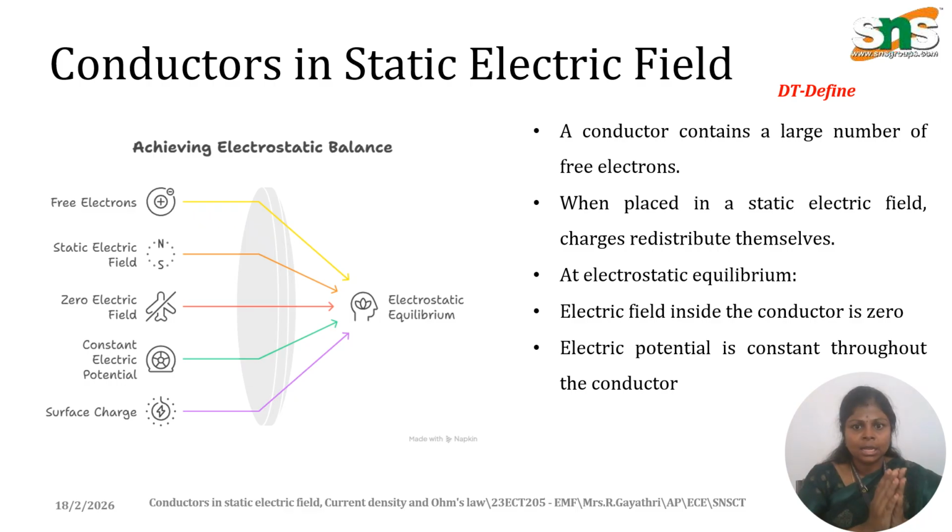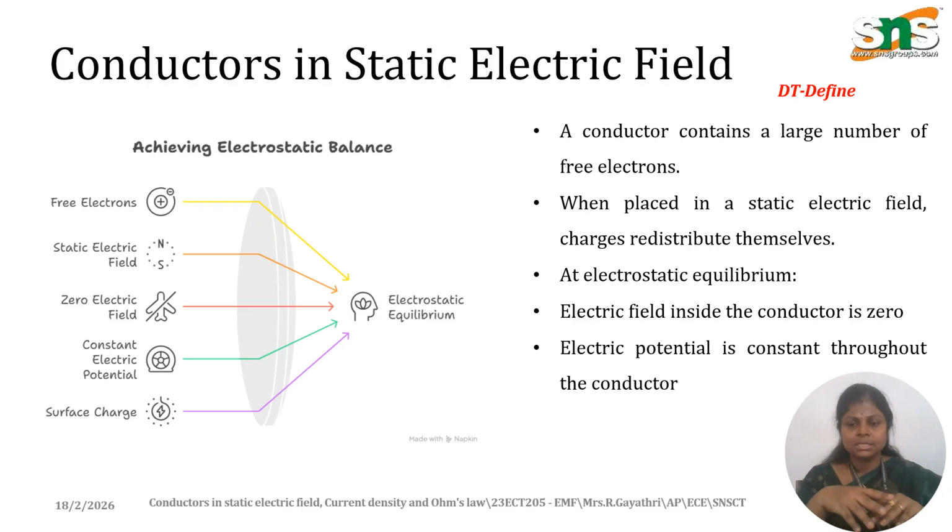Coming to the definition of conductors in a static electric field, a conductor contains a large amount of free electrons, and it allows the free electrons to pass through the static electric field. One of the main points is that when there is a charge in the conductor, the charges reside on the surface of the conducting metal body and are redistributed.